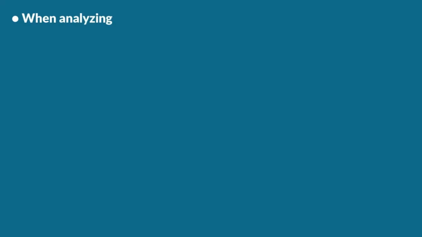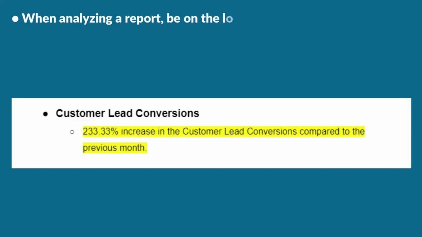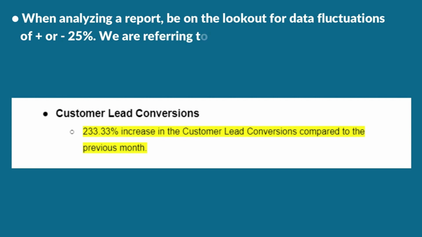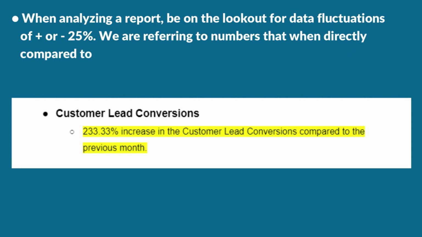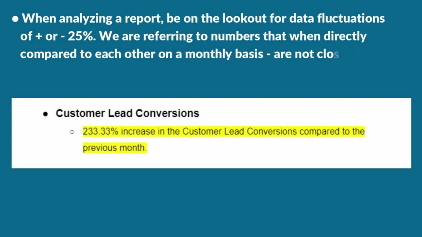And it is. When analyzing a report, be on the lookout for data fluctuations of plus or minus 25%. We are referring to numbers that when directly compared to each other on a monthly basis are not in close proximity.